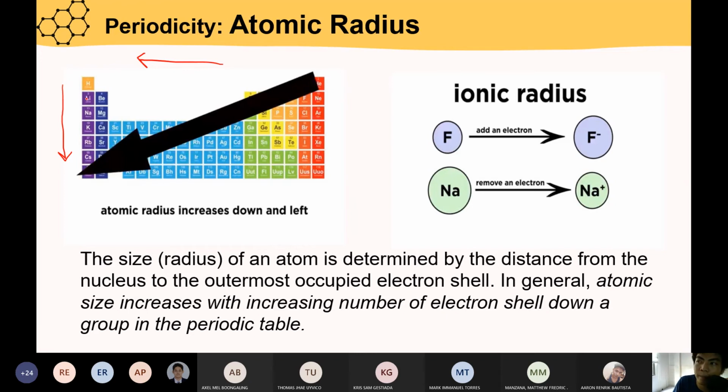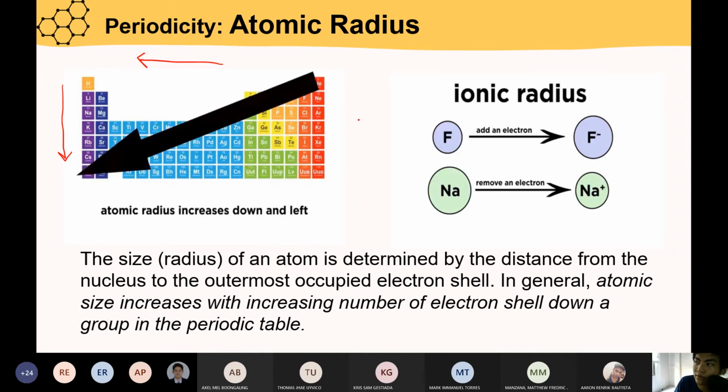Remember that the atoms, pag nadadagdagan sila ng proton, nadadagdagan din sila ng electron. So that's why hydrogen has one proton, one electron. Helium has two protons, two electrons, so on and so forth. So kada dagdag ng proton, nadadagdagan ng electron. And we know that electrons occupy the outer shell of the atom.